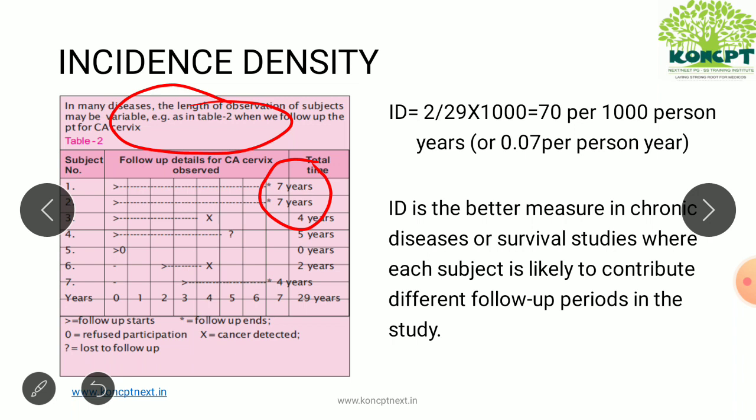Whereas the others, marked as X, had cancer detected in between the study, so they will not be included in the calculation. Incidence density is calculated as 2 divided by the total person-years examined, that is 29 years, into 1000. The answer is 70 per 1000 person-years. So this is incidence density, and it is used for chronic diseases.